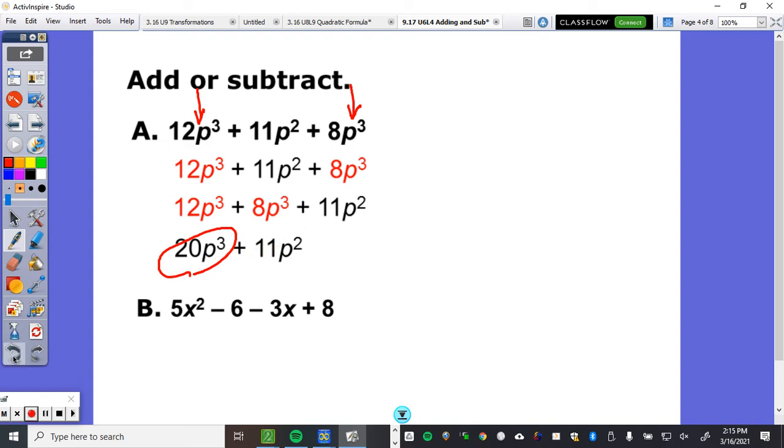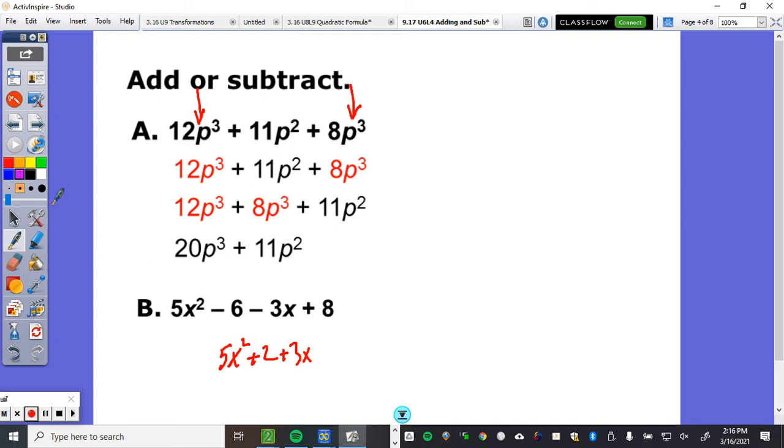Now, when you write your answers, when you add and subtract, you have to put them in standard form, which means that I want the largest degree to the smallest degree. So look here. 5x squared, there's no other x squared. I'm going to leave this alone. Negative 6, plus 8, plus 2. And then I have this 3x. If you give me this answer, it's wrong.